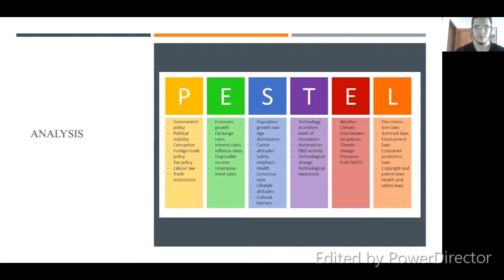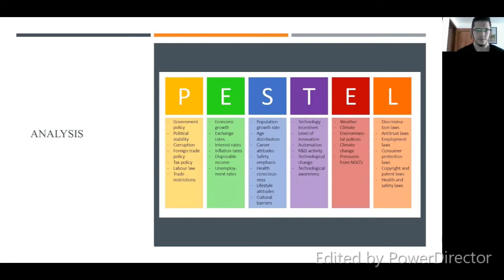Then another very important aspect is the technological factors. Nowadays with technology 4.0 continuously improving and developing, you will have to be really updated with these changes. And your company will have to be very flexible and adapt to these changes, because they are very fast, and you will have to go with them.